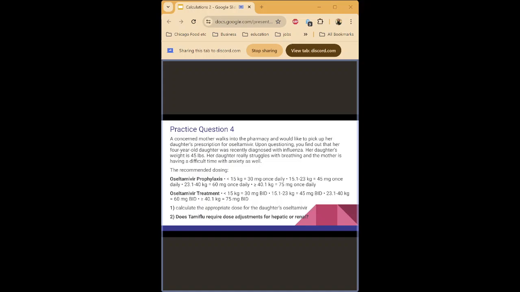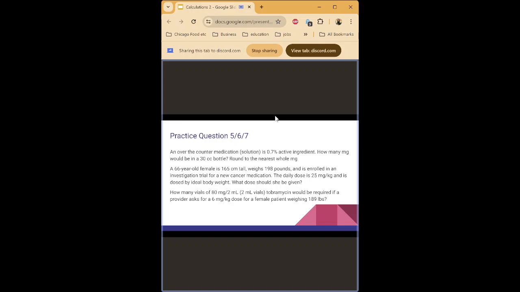And according to the guidelines that are given, that's going to be 45 mg BID, and it is going to be renally dosed. Adjustment. Okay. If there's impaired renal function, Tamiflu does require renal dose adjustments. Okay, great job.